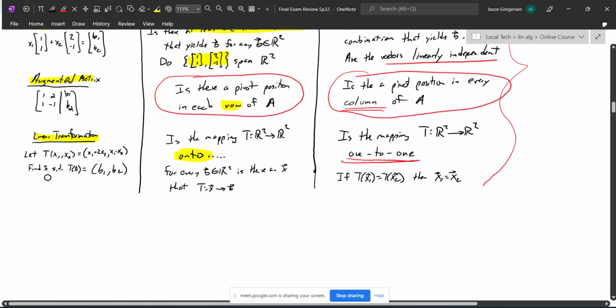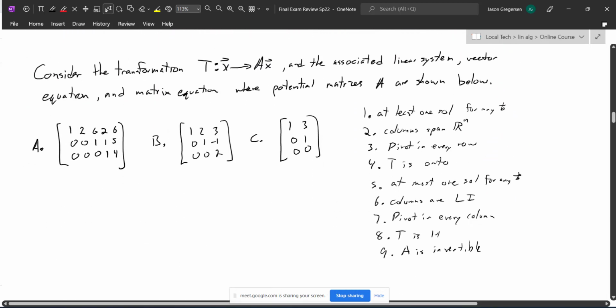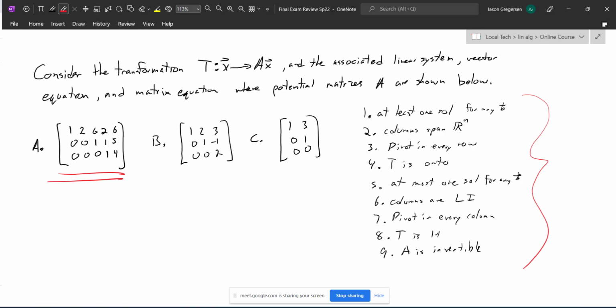All right, let's see if we got it here. Consider the transformation, the linear system, the vector equation, and so on, where these are the potential matrix A's. We want to write down all of the statements that are true for each matrix. So we'll start with the first one here. Write the number of each statement that applies to matrix A, and then you can type these into the chat.